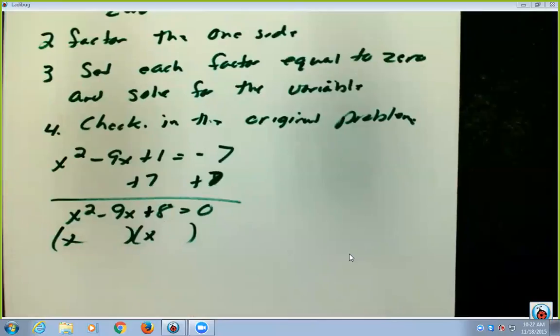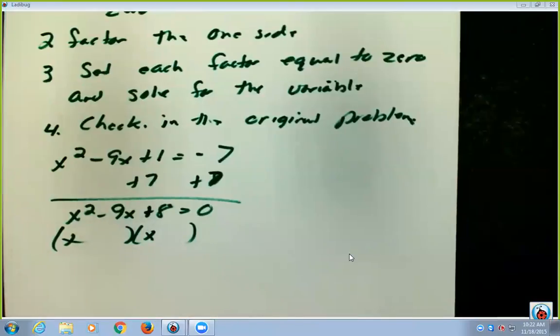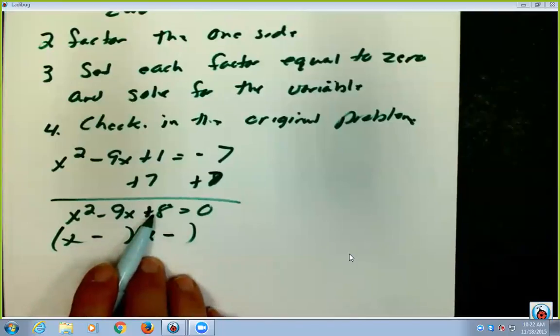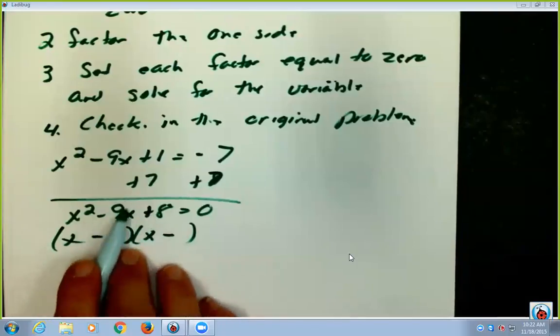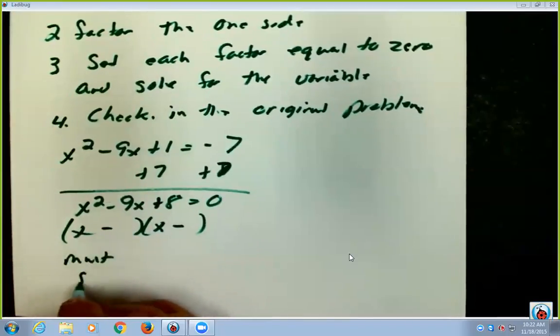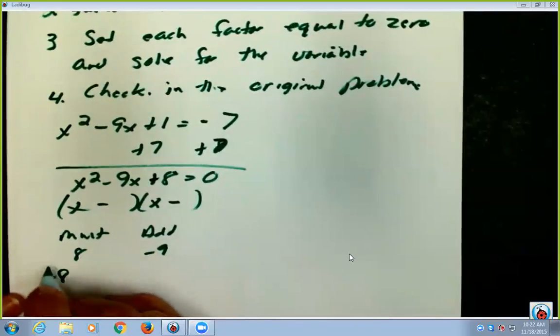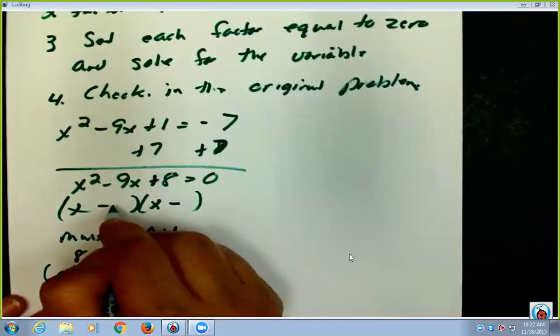So does that factor? So factors of a positive 8 give me a negative 9. Means both must be negatives because a negative times a negative is a positive. And I need to add to a negative 9. So things that multiply to give me a positive 8, but add to a negative 9. So the only factors, negative 8 and negative 1.